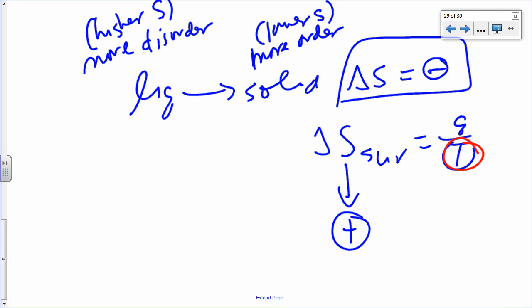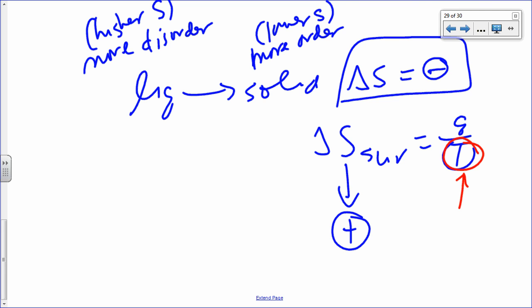At low temperature, it becomes even more positive. You have a smaller denominator, you have a bigger delta S. So we say then that freezing is favored at low temperature because when the surroundings has very low temperature, you can cause the entropy of the surroundings to increase more than if surroundings is at higher temperature.